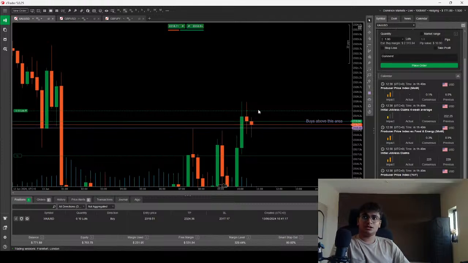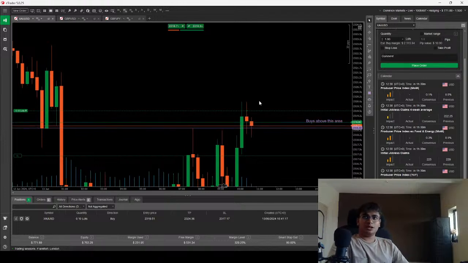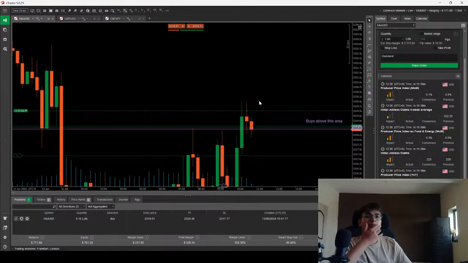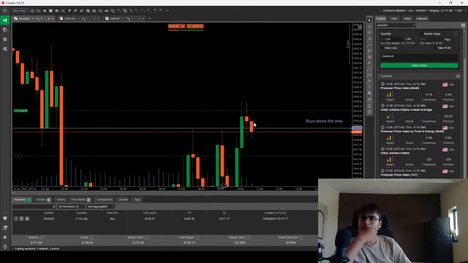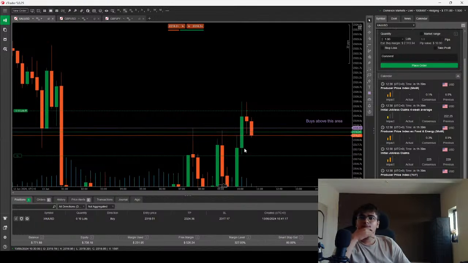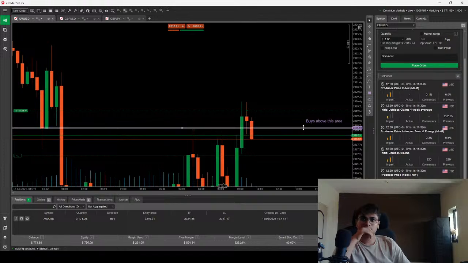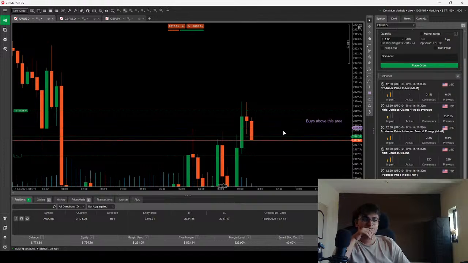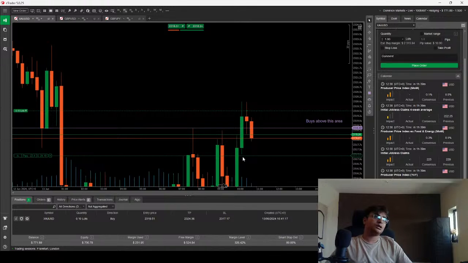We need this candle to break the highs, then close above this particular level, and we can see. It's approaching the area so quickly.